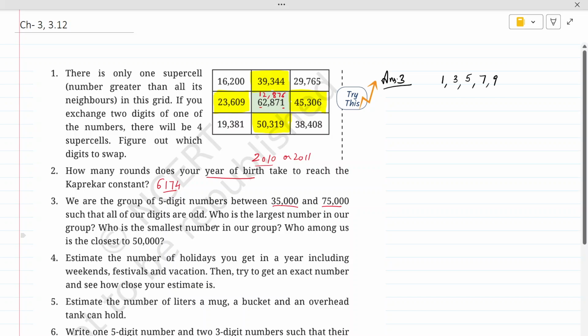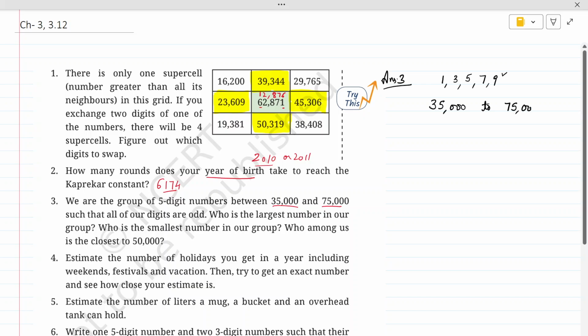So let's see. Among 1, 3, 5, 7 and 9, we know that 9 is the largest digit. But can we make a 5-digit number starting with 9 here? We cannot. Why? Because we have a range defined, 35,000 to 75,000.